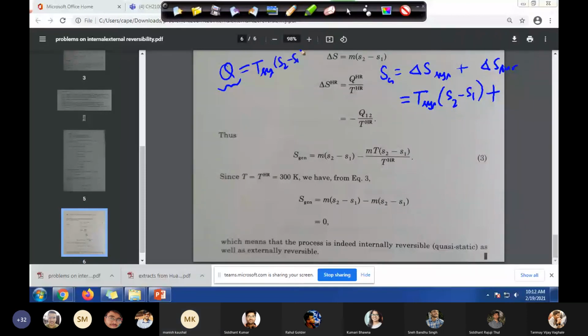In the general convention, this Q is given to the system or taken out of the system. When we write Q equal to T into delta S system, can anyone tell me whether this Q is given or taken out?